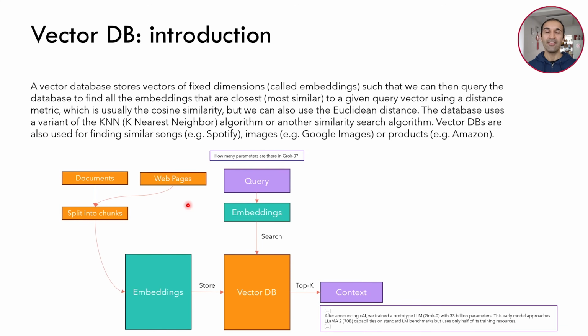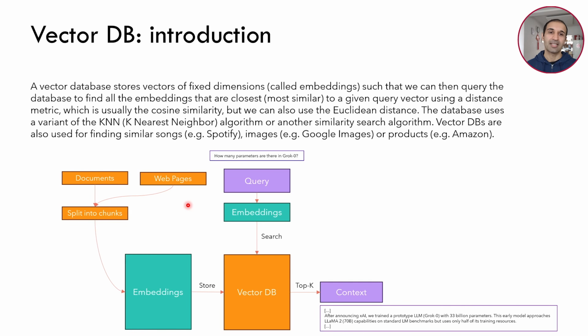A vector database stores vectors of fixed dimensions called embeddings, such that we can then query the database to find all the embeddings that are closest or most similar to our query using a distance metric, the cosine similarity or the Euclidean distance. The vector database uses a variant of the KNN algorithm, which stands for the K nearest neighbor algorithm, or another similarity search algorithm, but usually it's a variant of the KNN algorithm.